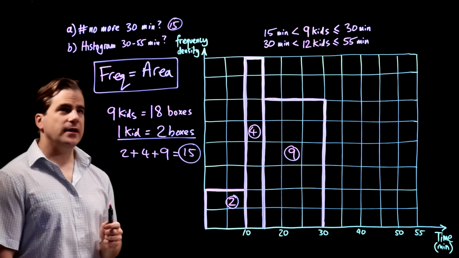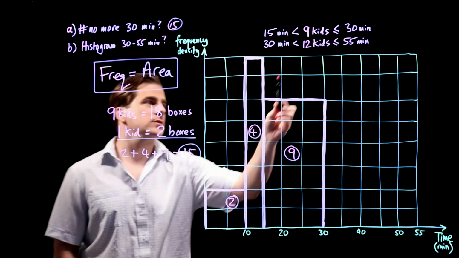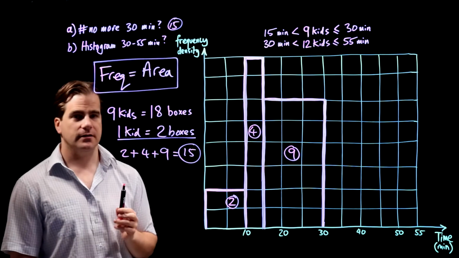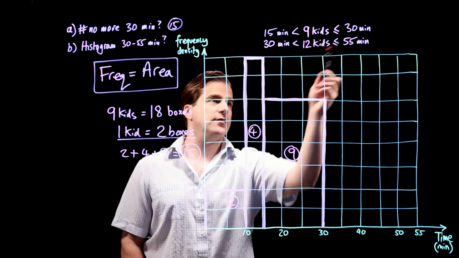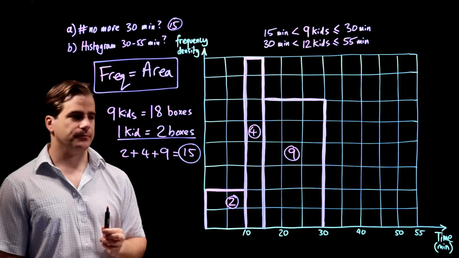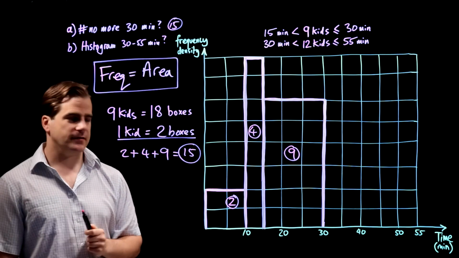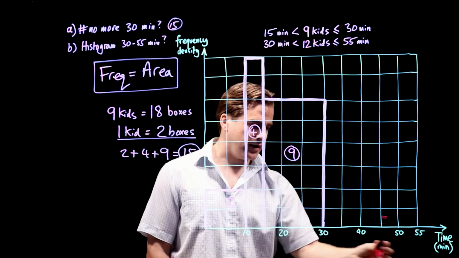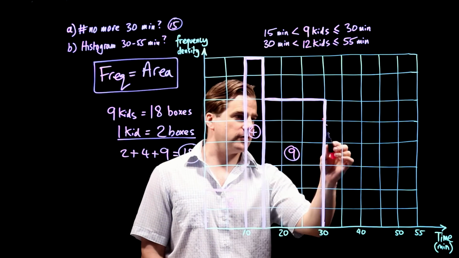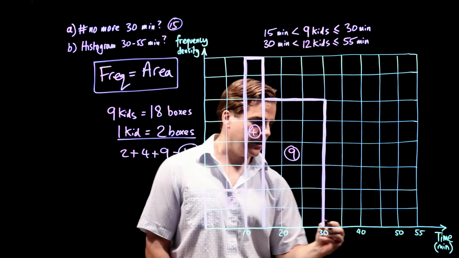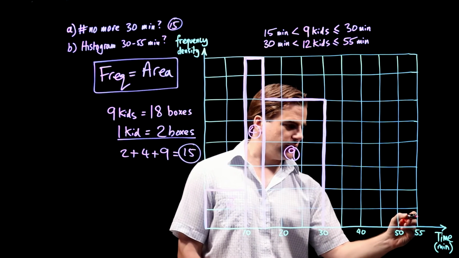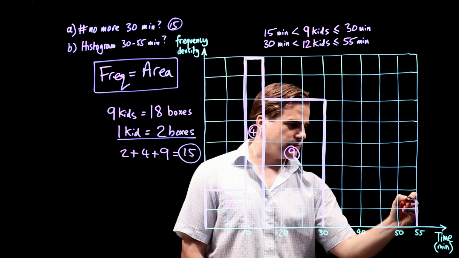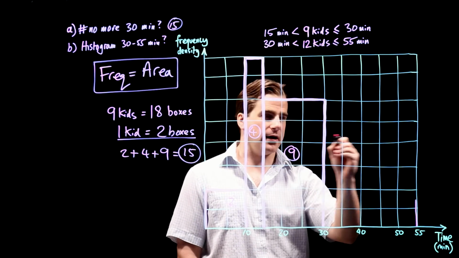Part B, we have to complete the histogram, and we've been told that there are 12 kids who took between 30 and 55 minutes to get to school. So there's 30 and there's 55 minutes, so we're going to draw a box in here. Now, we know it's going to go up from here, but the question is how high?